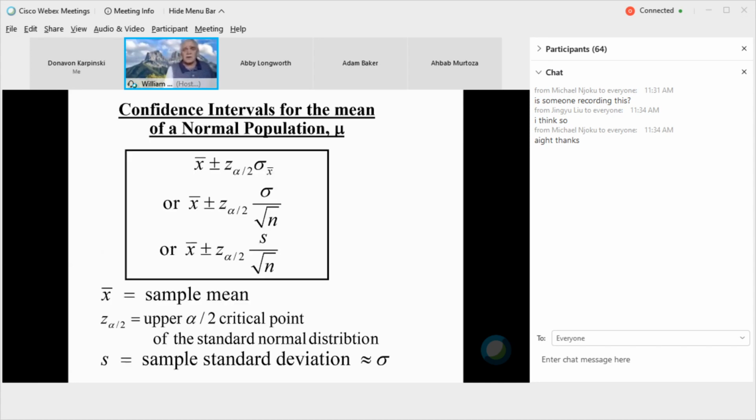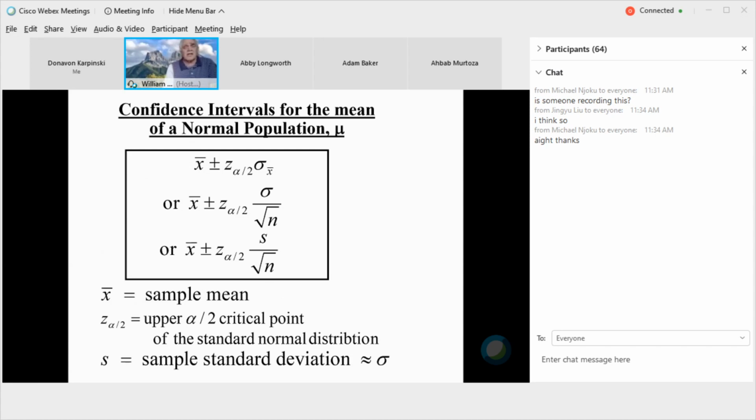Confidence intervals for the mean of a normal population. Here I'm using the critical value from the standard normal distribution. This is okay when I replace sigma by s. Sometimes sigma is known. In measurement instances, for instance, if I'm measuring the speed of a car, the accuracy of the radar machine could be known.